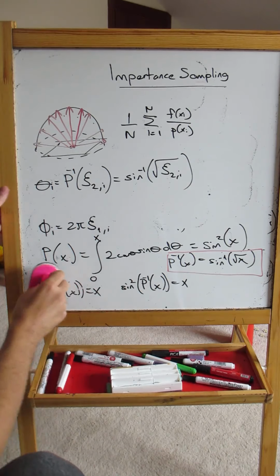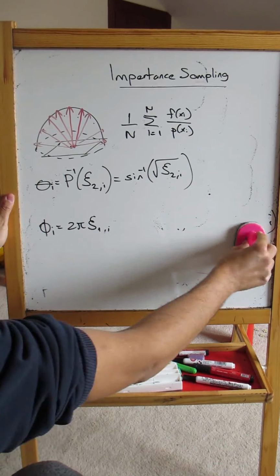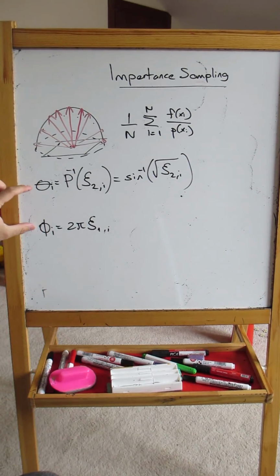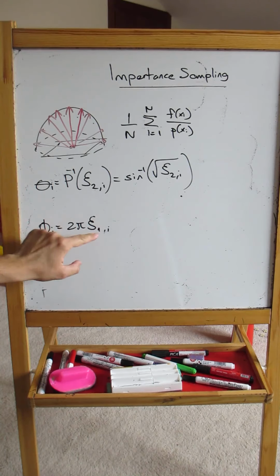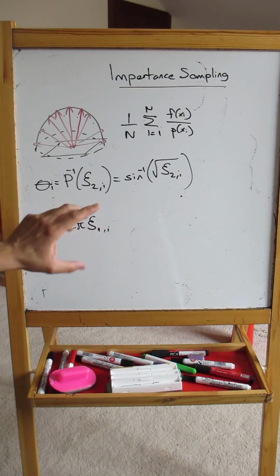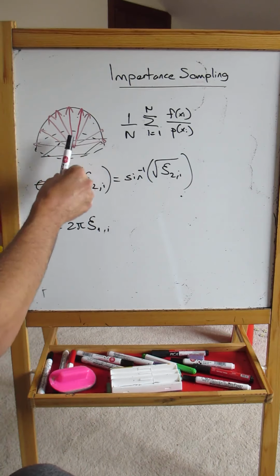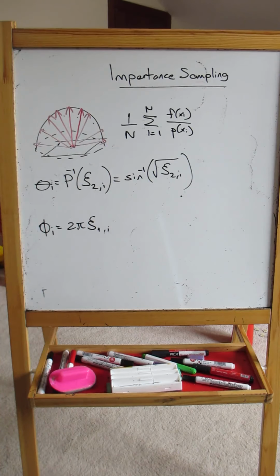Okay, so with this we can now, if we generate samples with respect to these random variables theta and phi computed from chi 1 and chi 2, we give more probability to directions that are closer to the zenith of the sphere. Okay, now again let's simplify these things a little bit here.